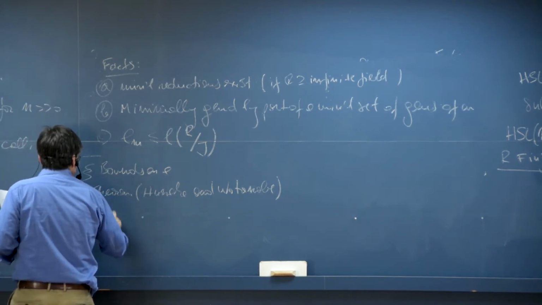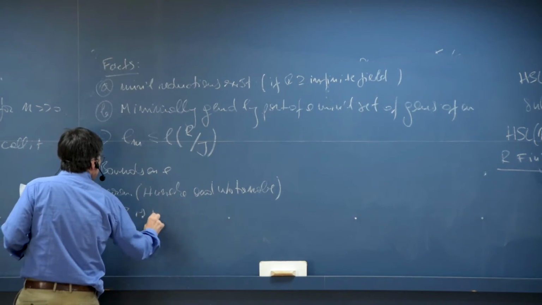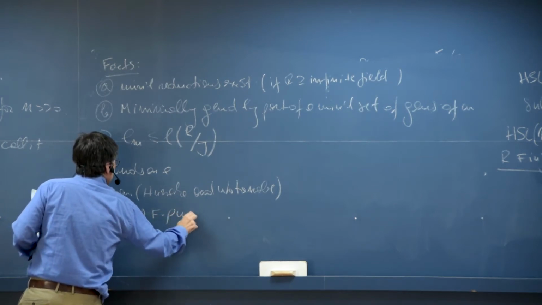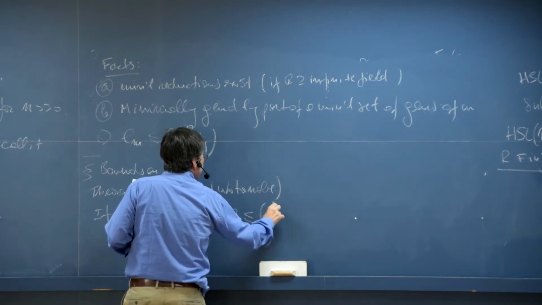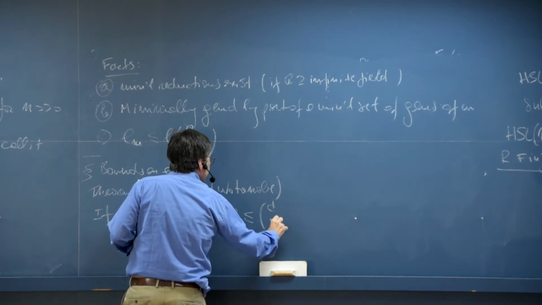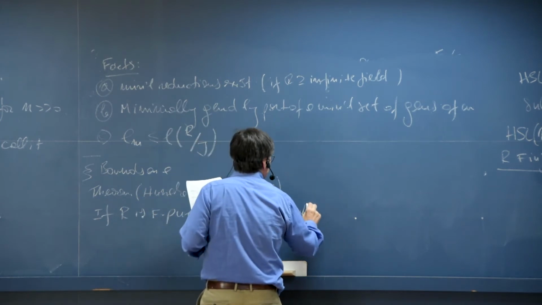So if R is F pure, then the multiplicity is less or equal to the dimension of the ring choose V, where V is the embedding dimension.